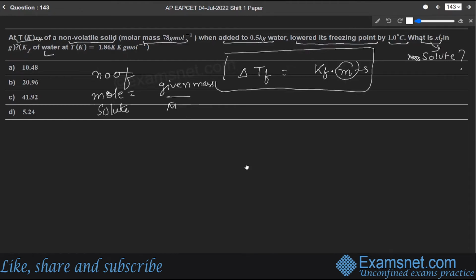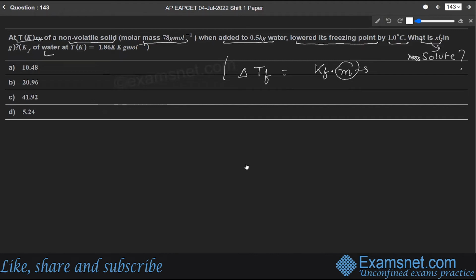But let me suggest one quicker formula with which you can solve any numerical. That is not exactly a short trick, but the expanded form of this formula, which some students don't know, but you can learn it.